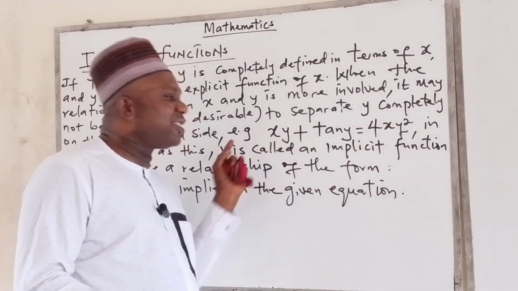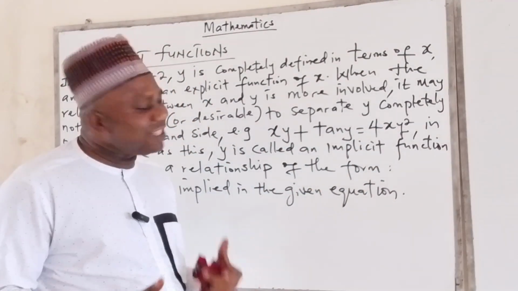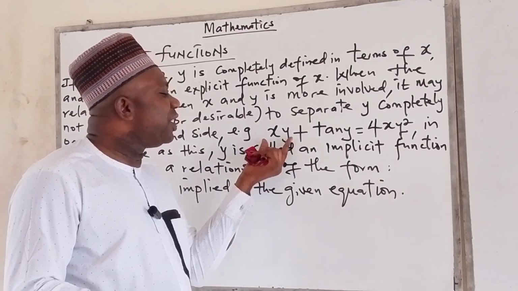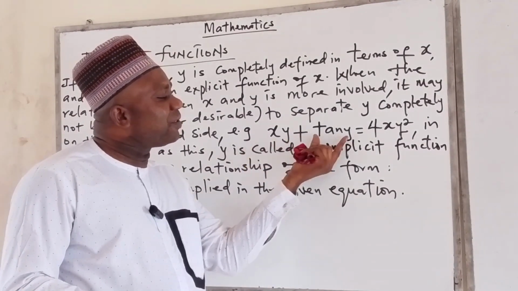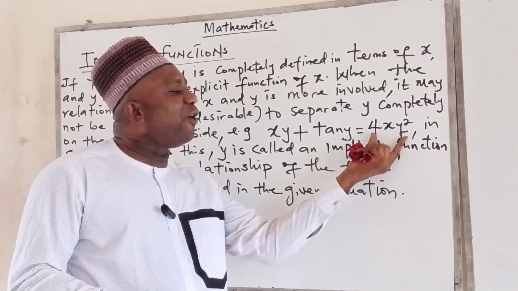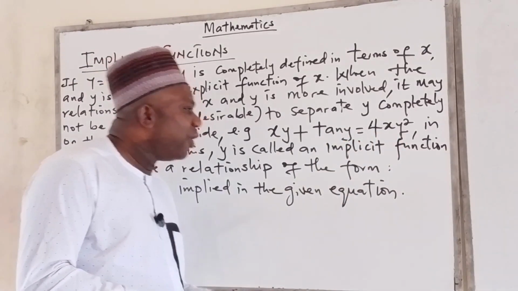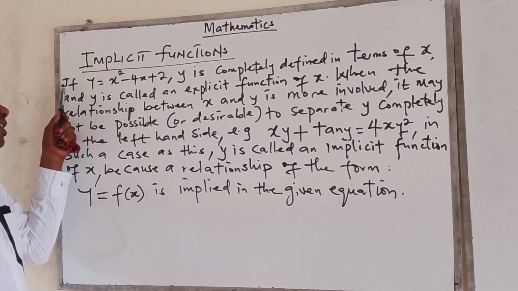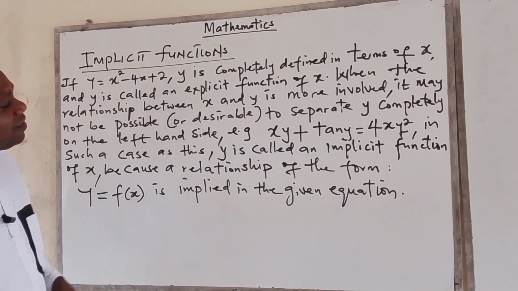In this case, the relationship between x and y is much more involved, because here we have xy, here we have tan y, and here we have 4xy squared, unlike the first one, where we have y on the left hand side and x on the right hand side.